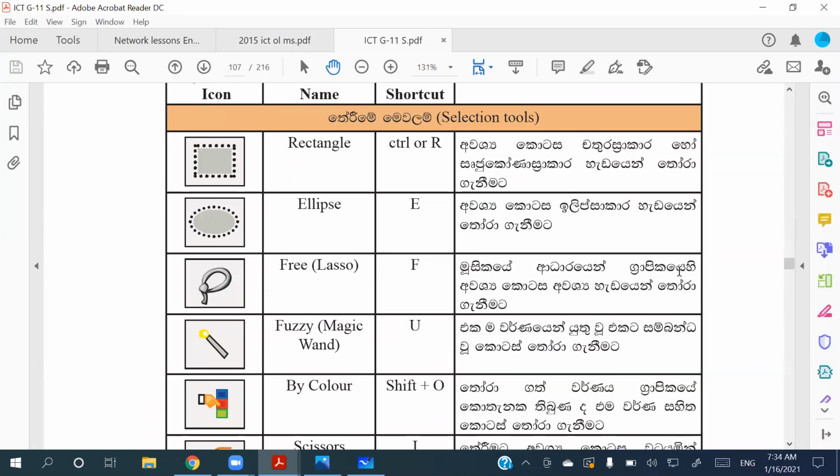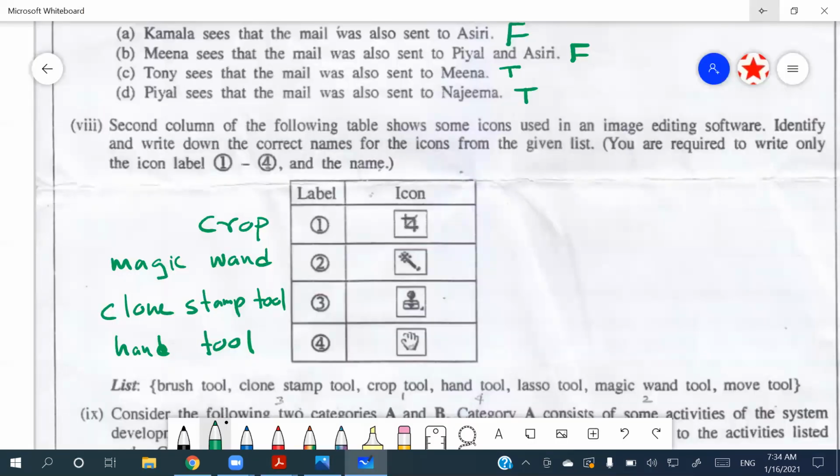So I can give marks for the very last one, but first three things should be there, right? Crop tool, magic wand, clone stamp. So if you got the first three icons correct, you can have all 2 marks, right?